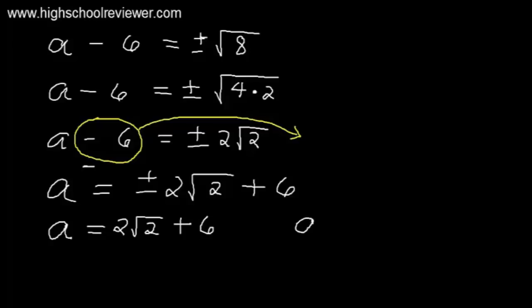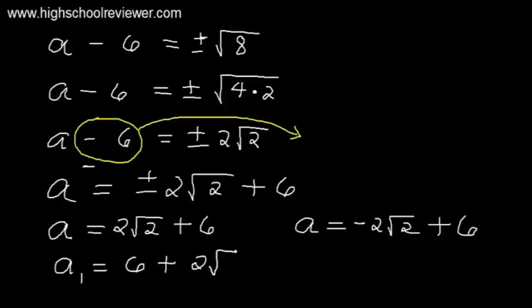And our next value for a will be the negative, so this will be minus 2 square root of 2 plus 6. Okay, so we can rearrange this. This will be our a sub 1, so this will be 6 plus 2 square root of 2. And this will be our a sub 2, and this will be 6 minus 2 square root of 2. And these are now our final answers.